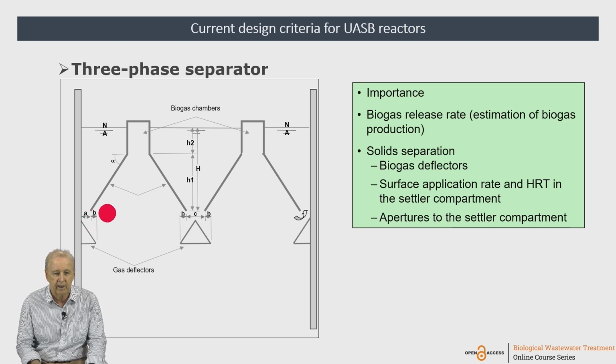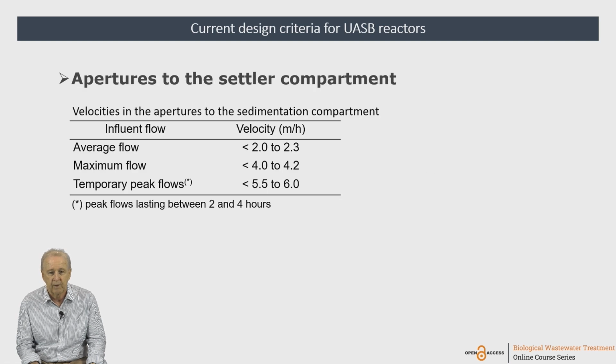It means the area of these apertures, in this position between three-phase separators. So the whole area, if you divide the flow by the area, we have the upflow velocity through the apertures. And here we see that they are, for the average flow, lower than maximum 2.3 meters per hour.